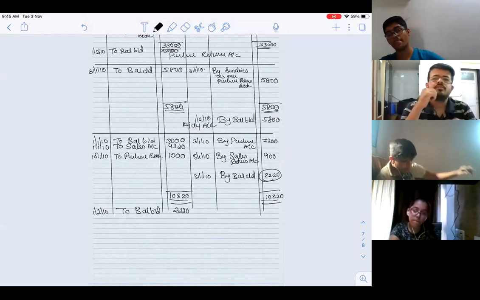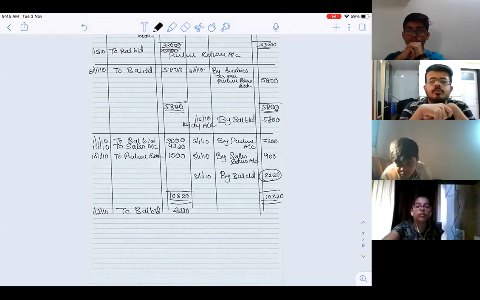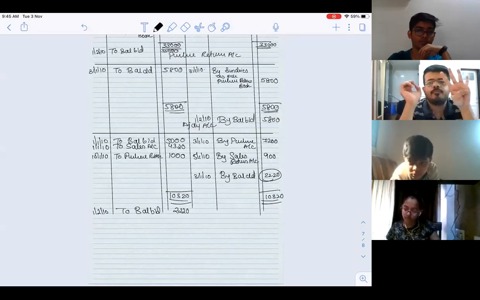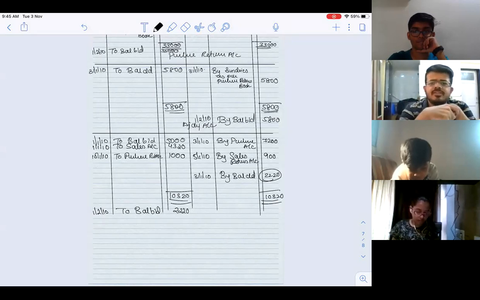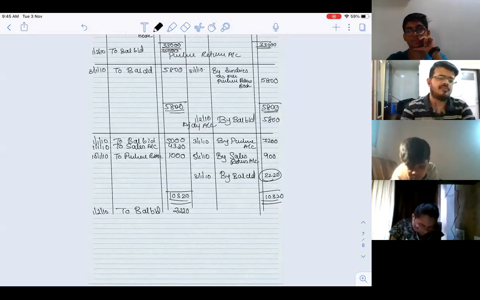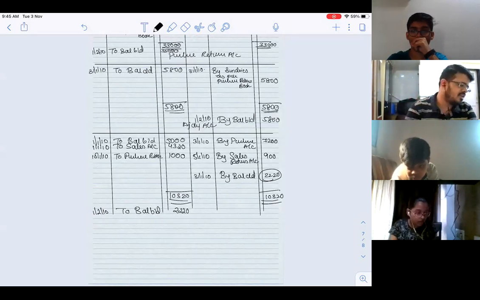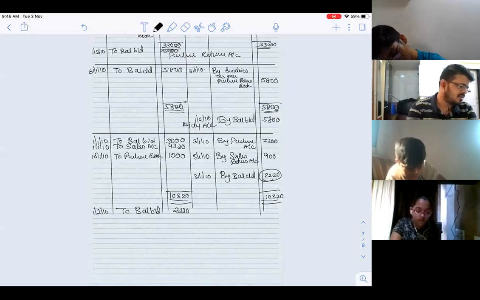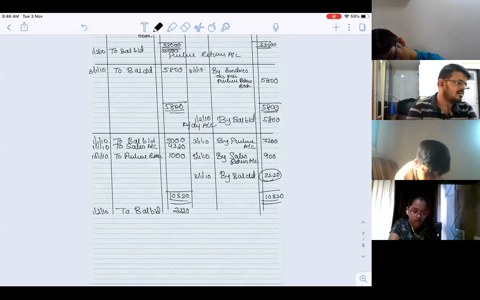Both with ledger. Which ledger do you have to make? Four accounts: Purchase, Sales, Purchase Return and Sales Return. Is that clear? Two problems with four ledger accounts. Besides that, only ledger I am telling you to do from two other sums: sum number 13 and sum number 18.